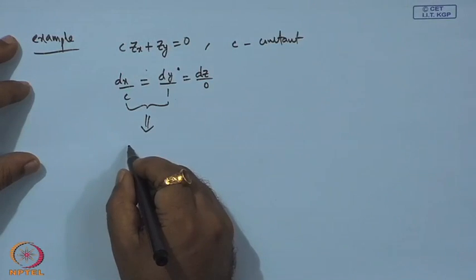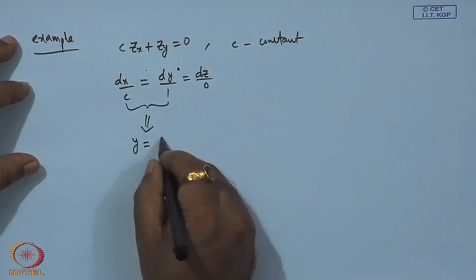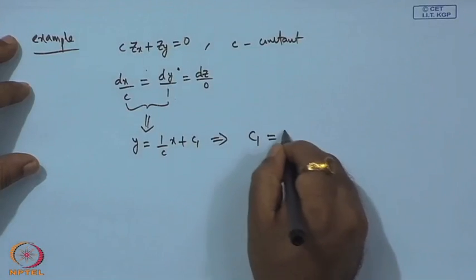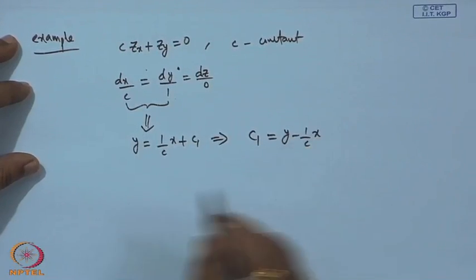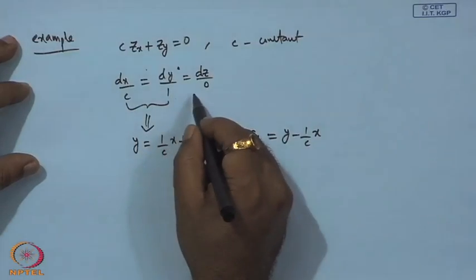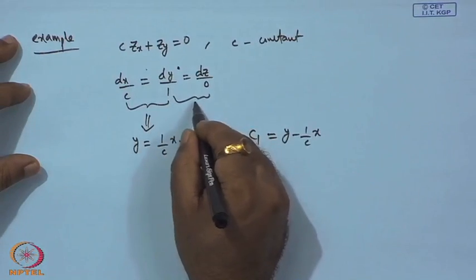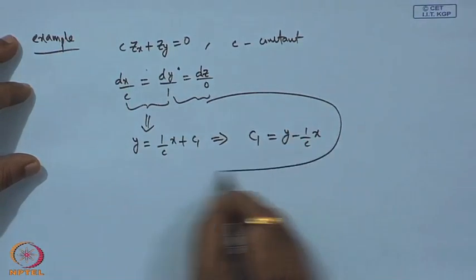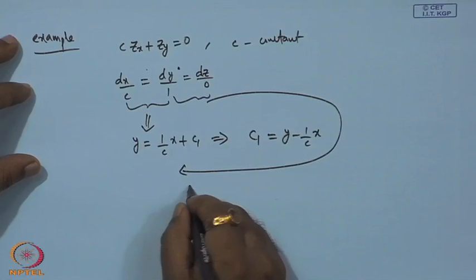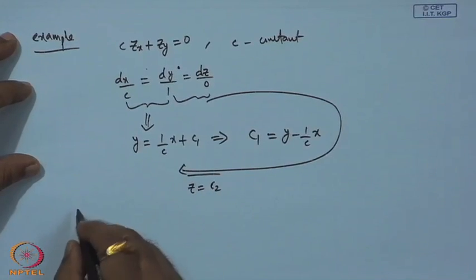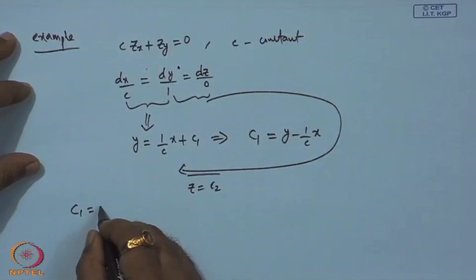So, these two imply, say, y equals 1 by c x plus c 1. Then the other two imply z equals C 2.